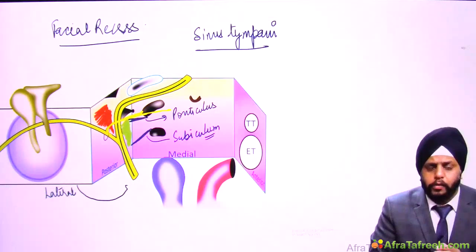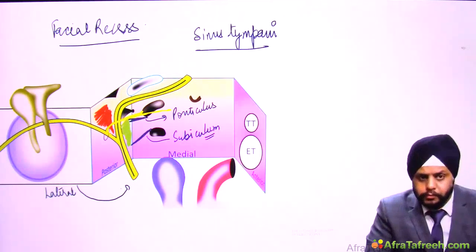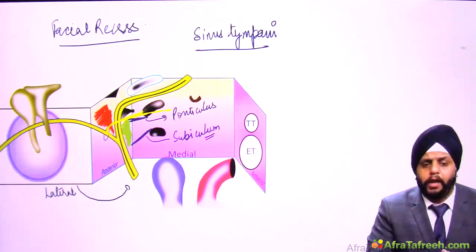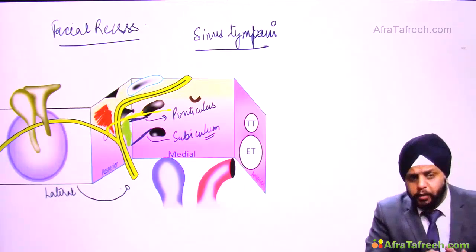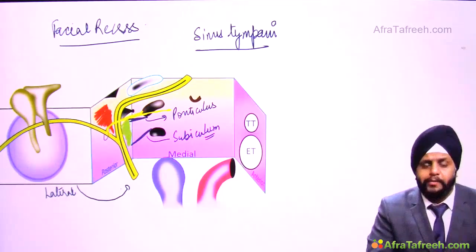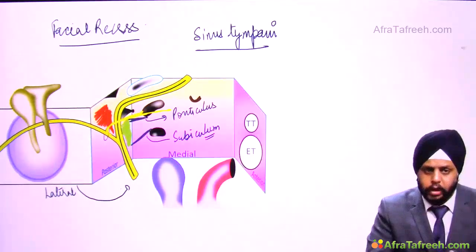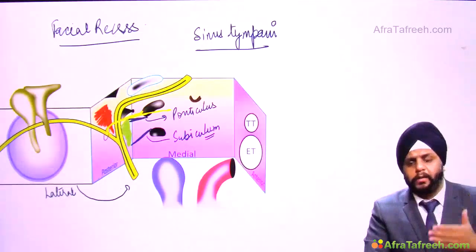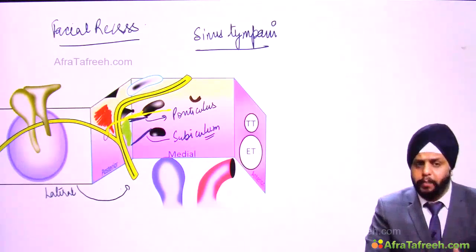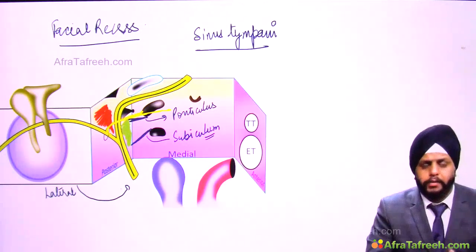When I reposit, what will come laterally? Laterally, we will have the tympanic membrane. Which part of the tympanic membrane? The periphery of the pars tensa. That means the annulus. So, the lateral boundary of the facial recess is the annulus of the tympanic membrane. Okay, that's done.